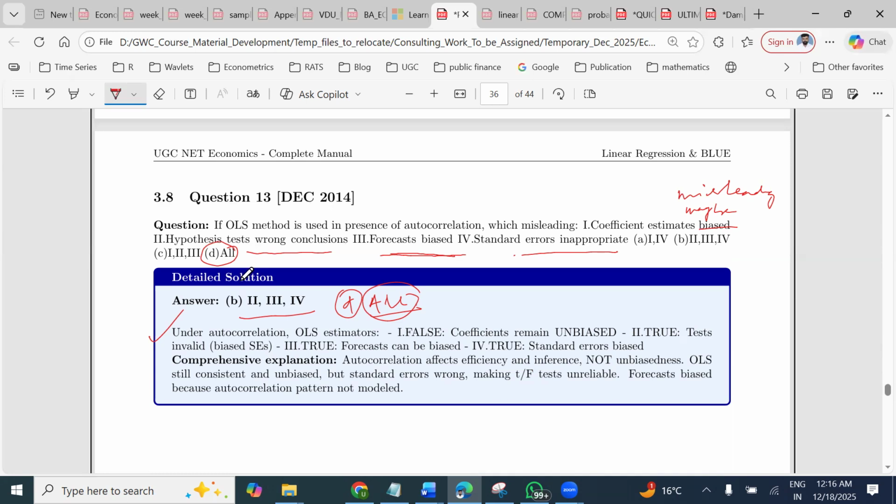So what is the answer? Under autocorrelation you should know the OLS estimators. Coefficient may be biased, may be misleading. Is this true or not? It is saying coefficient remain unbiased, but in your answer it is saying all of the above.